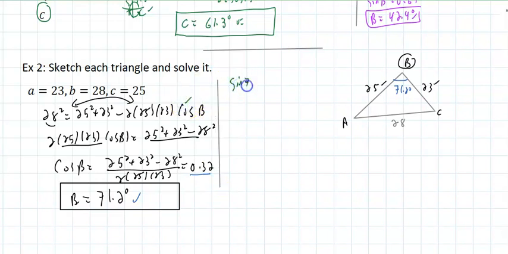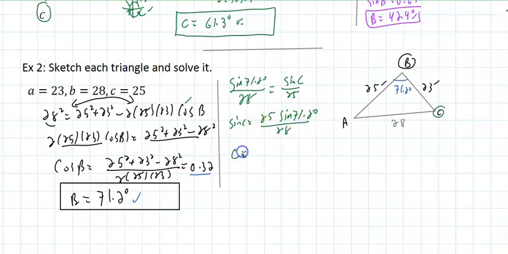I could say the sine of 71.2 degrees divided by 28 equal, let's say you want to find C, the sine of C divided by 25. So sine of C equals 25 times the sine of 71.2 degrees divided by 28. And I could say C equal the inverse sine.